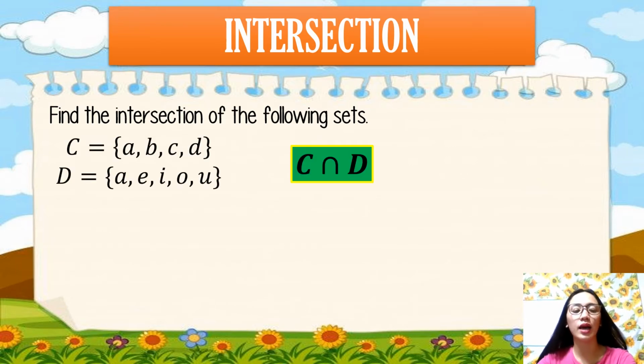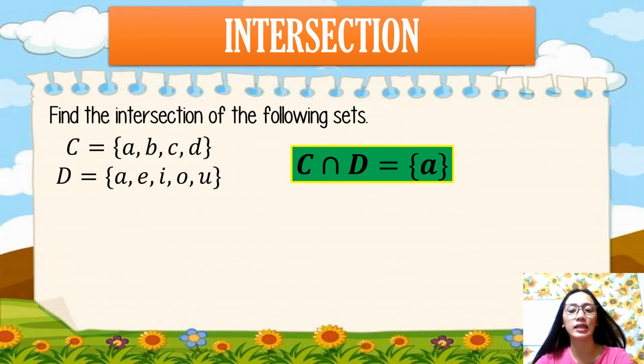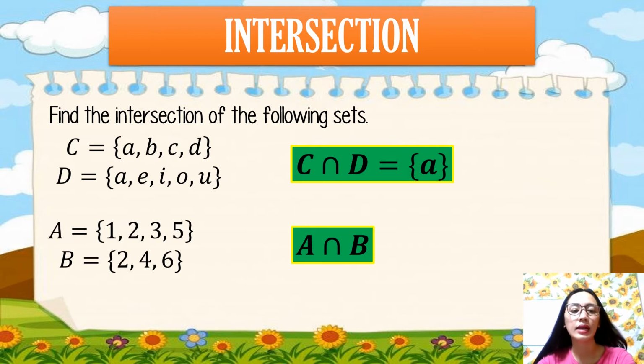Given again, we have set C and set D. We will get their intersection. Again, when we say intersection, it is the common element between the two sets. Therefore, the intersection of set C and set D is A, since A is also present in set D. Next example, the intersection of set A and set B is equal to 2.